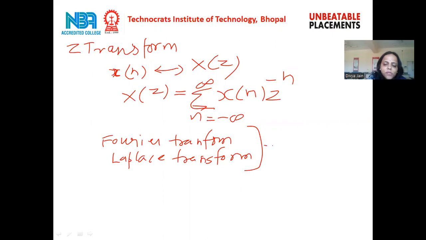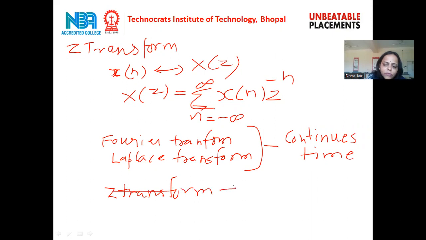These kinds of transforms are used to convert continuous time signal into frequency domain. And the Z transform is used to convert digital signal from time domain to frequency domain.